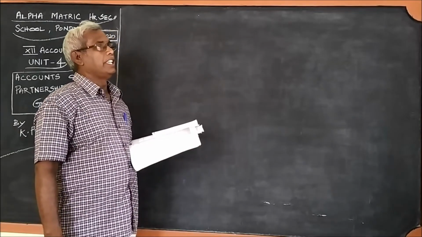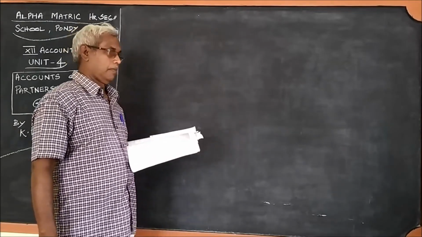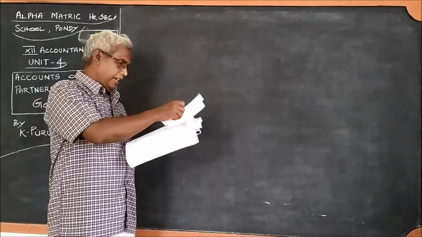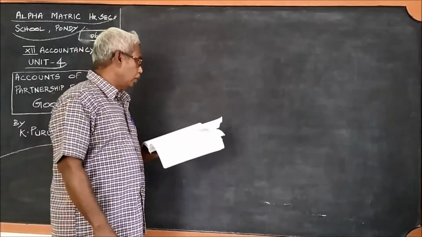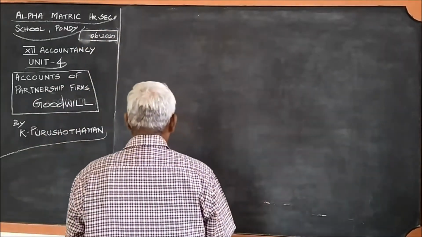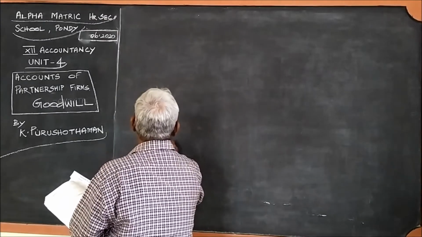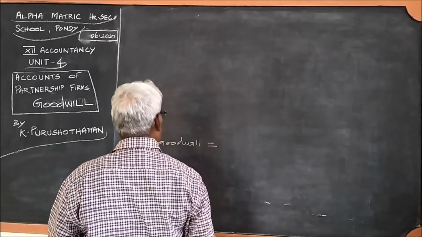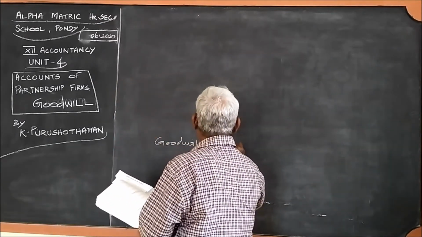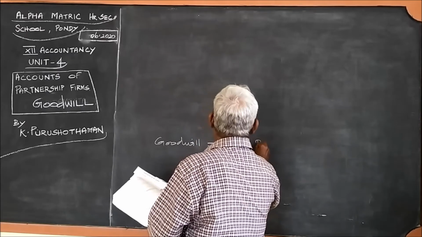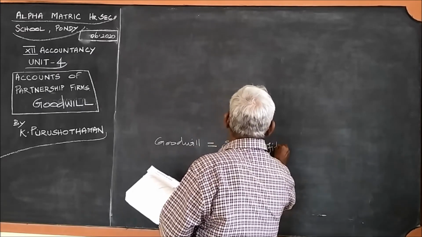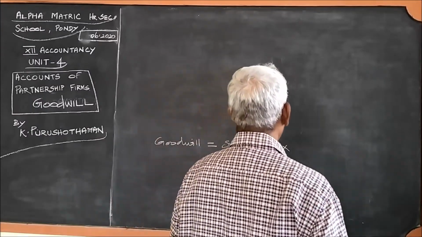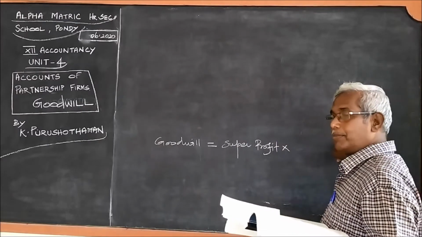What is the speciality of this annuity method? I will tell you later. Before that, I will write the formula for goodwill. Goodwill is equal to super profit into, usually we write, if it is under average profit, into number of years of purchase.